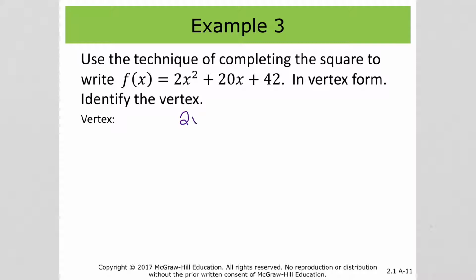We've got 2x squared plus 20x plus 42. We'll leave that off. We don't need that. Okay. The first thing we need to do is remember the value in front has to be 1 in order to complete the square. So we're going to divide everything by 2, which luckily that can be done easily here.